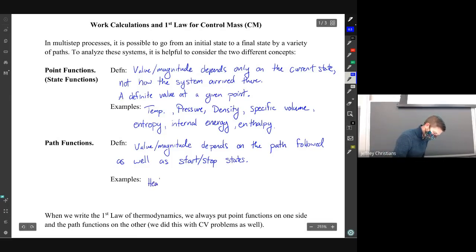Examples: heat, work. Those would be the two in this class.